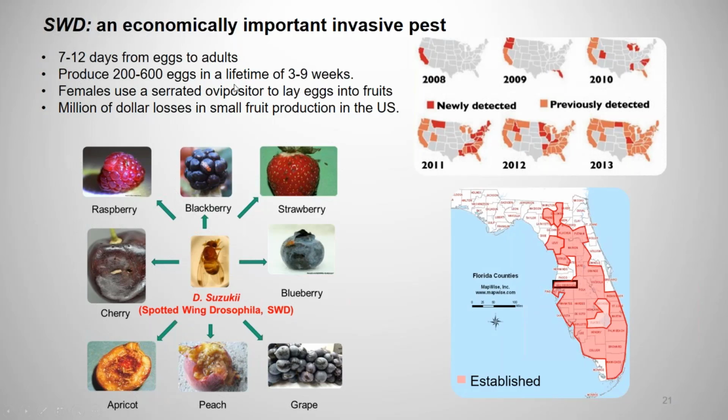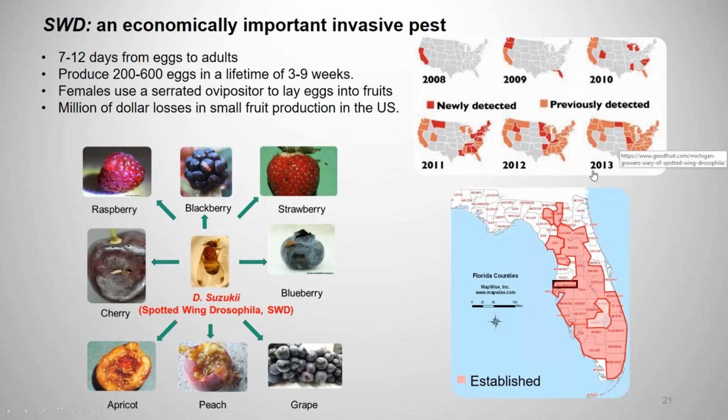And if you look at the invasion of the pest, it's a huge problem. So here you can see in the map, SWD first invaded the US back in 2008. It came from Southeast Asia and was detected in California for the first time back then. And then in a few years' time, it started to spread to many different states, including Florida, in just 1 year. And now it's pretty much detected all over the place.